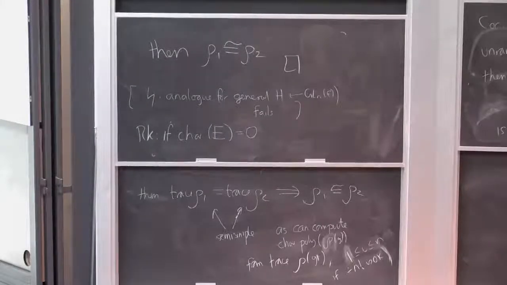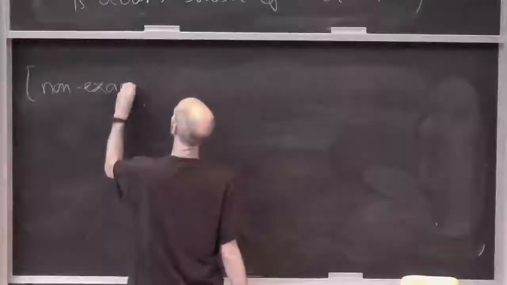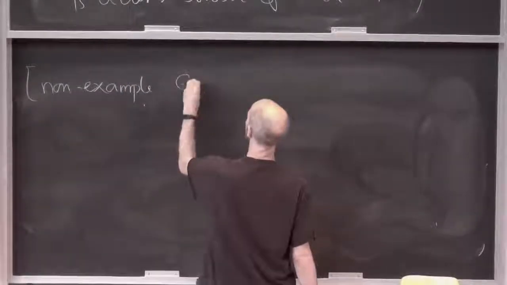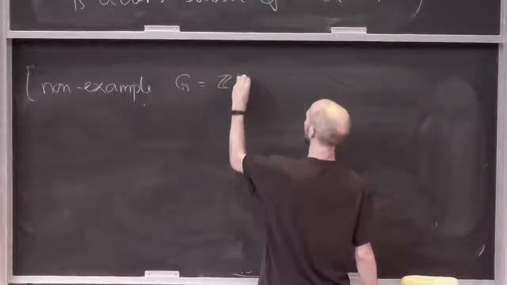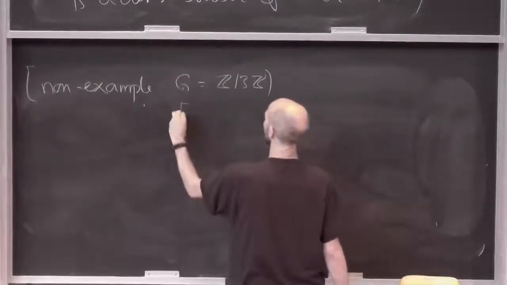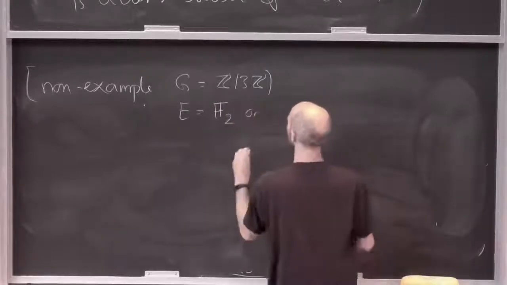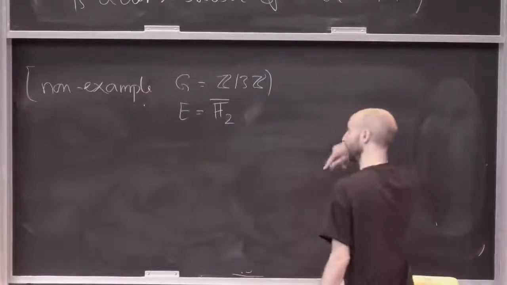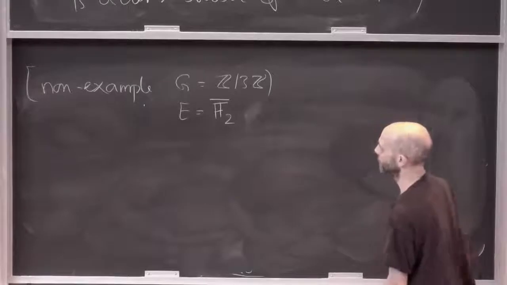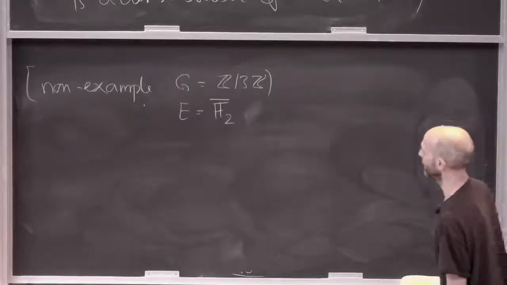For a complete understanding of Brauer-Nesbitt and this consequence here, you could do some example. Here's a non-example. Let G be the cyclic group of order 3, and let E be an algebraic closure of the field with two elements, because representations over algebraically closed fields are nice and easy.